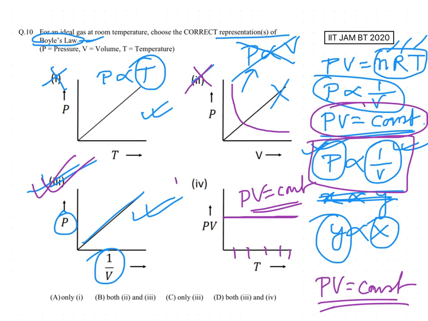So graph 4 is again correct. So here we have the number 3 graph and the number 4 graph as correct representations of Boyle's law. So our correct option here is option D, where both 3 and 4 are correct representations of Boyle's law.